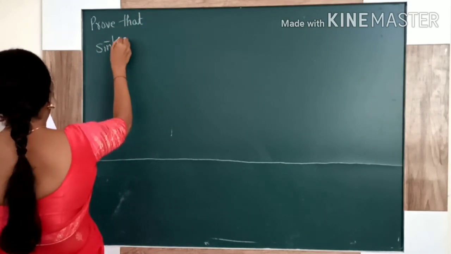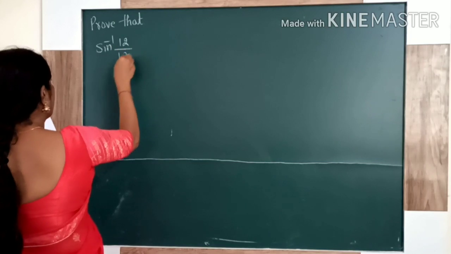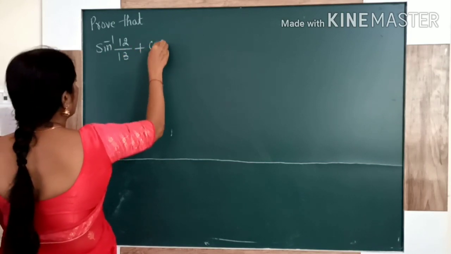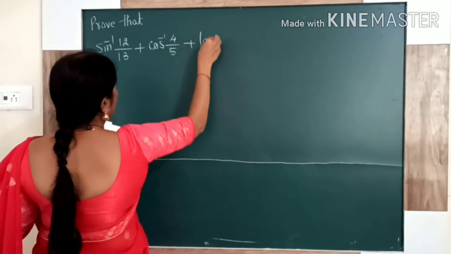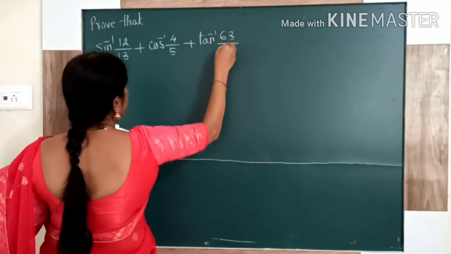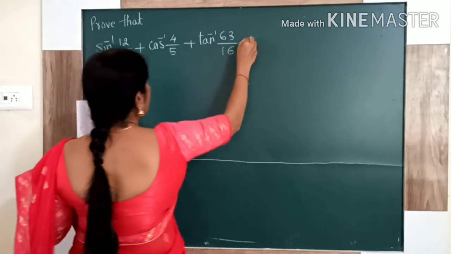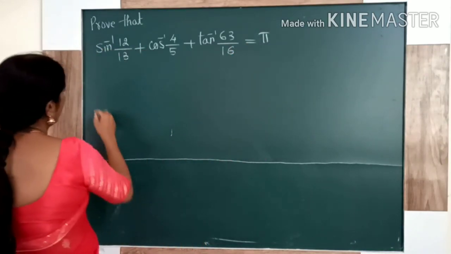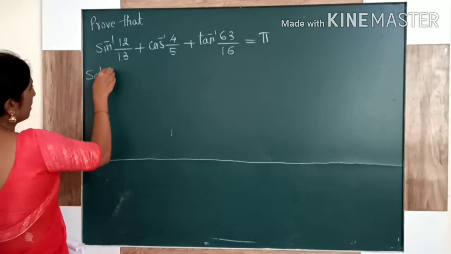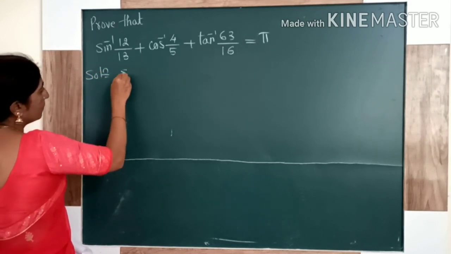Sin inverse 12 by 13 plus cos inverse 4 by 5 plus tan inverse 63 upon 16 is equal to pi. See here also we are not starting with LHS or RHS. See the steps slowly.